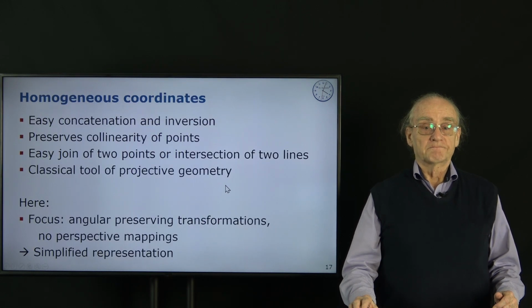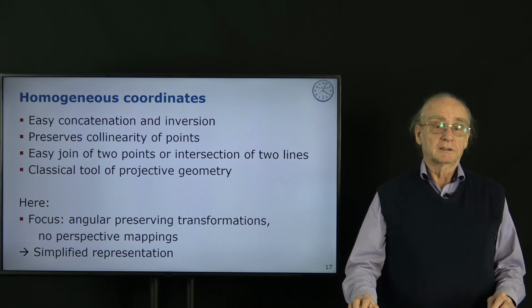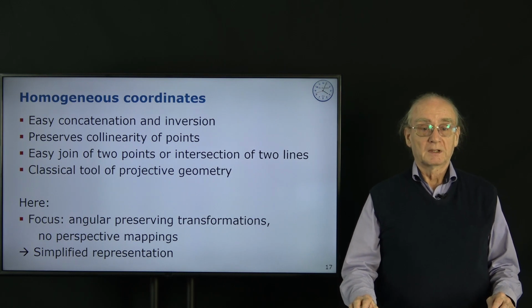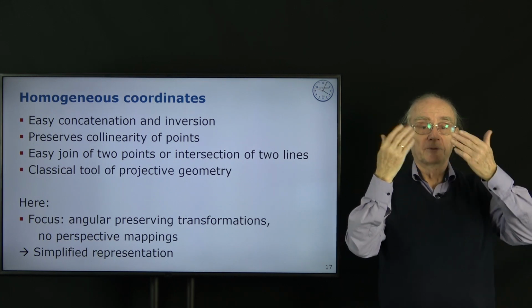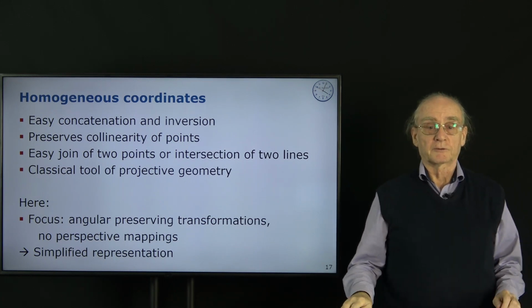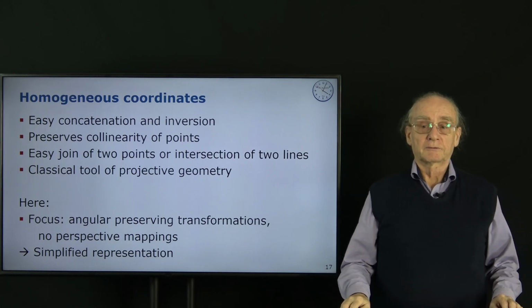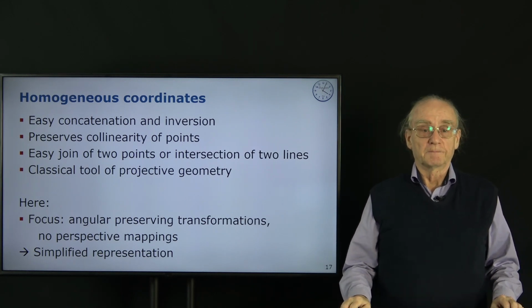So what are homogeneous coordinates? What is their advantage? First, we start with the motivation. So they allow an easy concatenation and inversion. They preserve collinearity of points. So if we have 3 points in a row and we transform them by a transformation matrix, then the 3 points stay collinear.